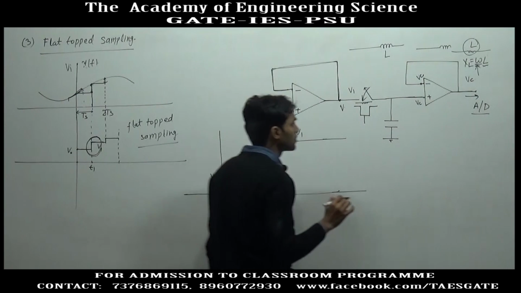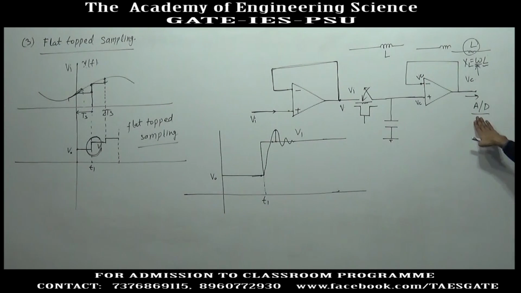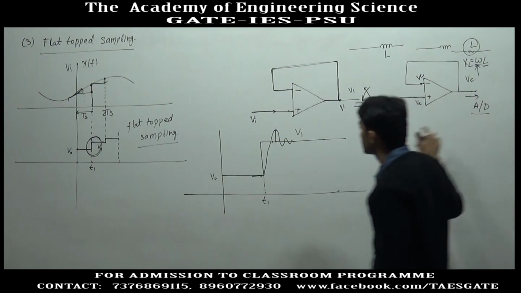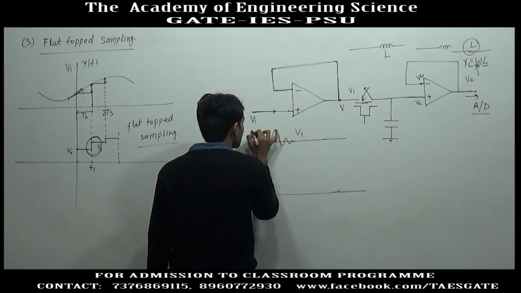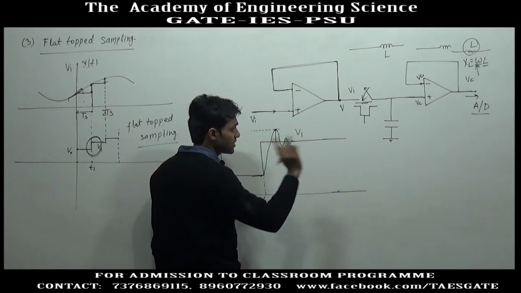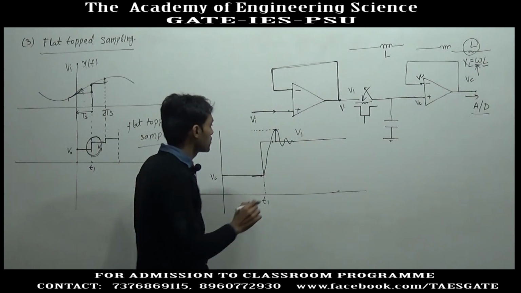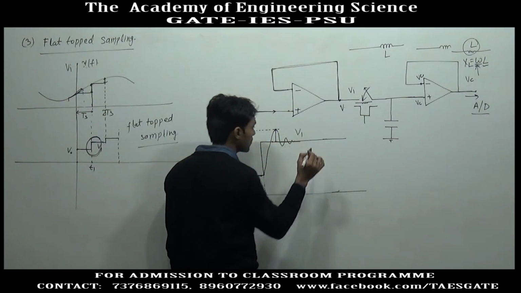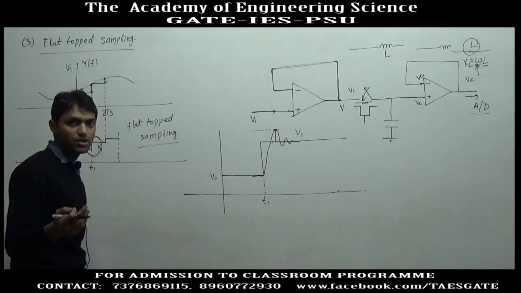Now, suppose the analog to digital converter takes this voltage, and ideally the analog to digital converter should take V1 and convert the V1 analog voltage to a digital output.